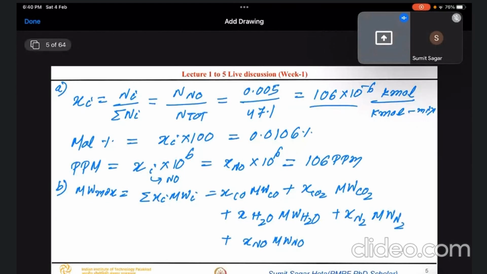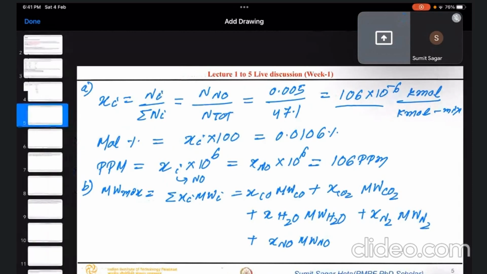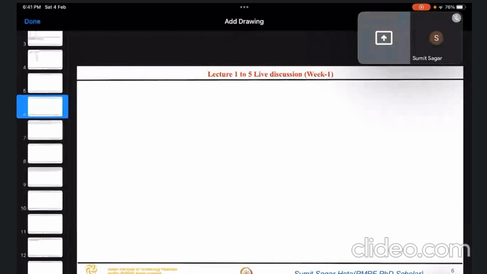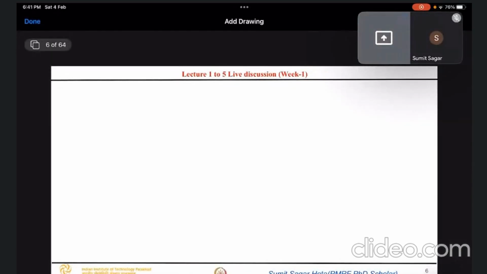So these are all the constituent species. I just write down all their x. I just multiply, simple thing. I only multiply their mole fraction and their molecular weight to get the molecular weight of our mixture. Now since we have all the values, we just put all the values and easily calculate the molecular weight of the mixture.